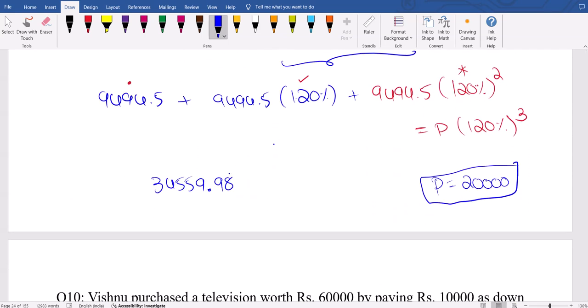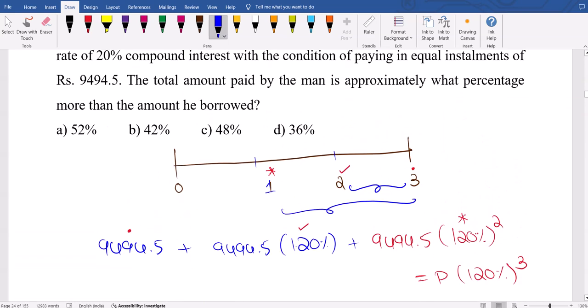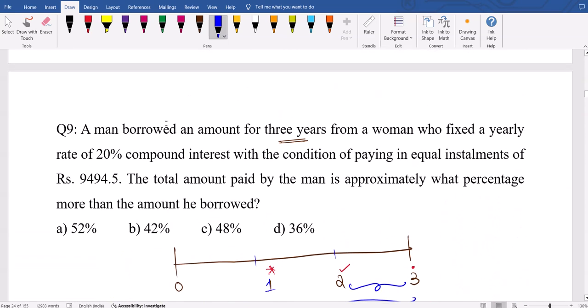The amount paid is this much, the amount borrowed is this. 70% is close to that, but there is no 70% in the options. The total amount paid by the man is approximately what percentage more than the amount he borrowed.